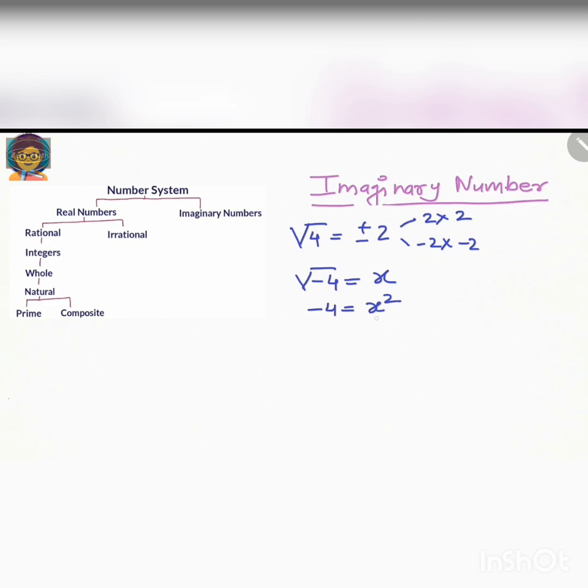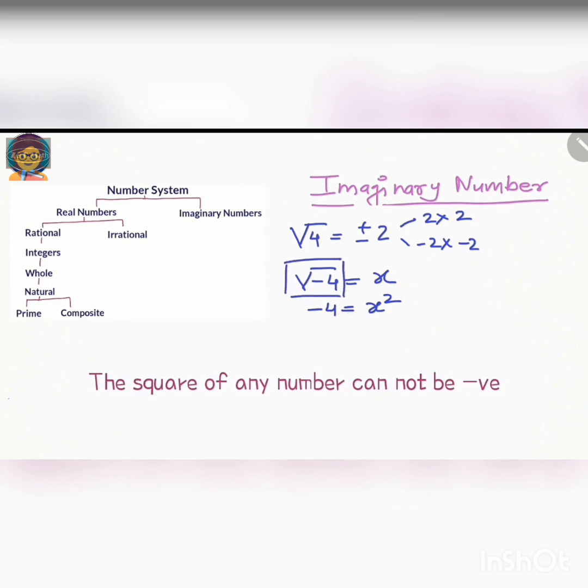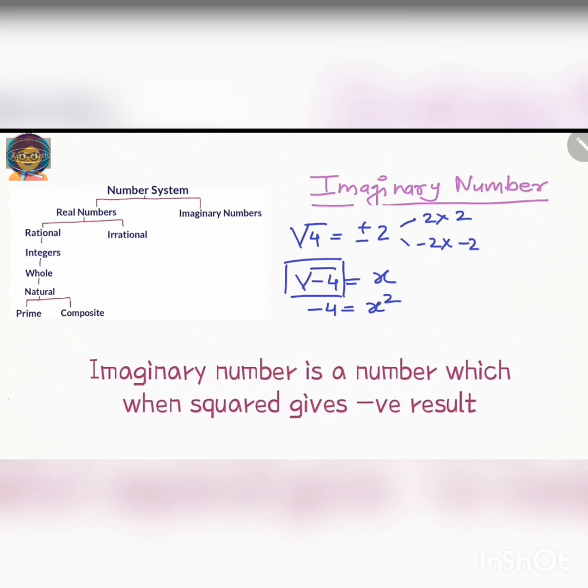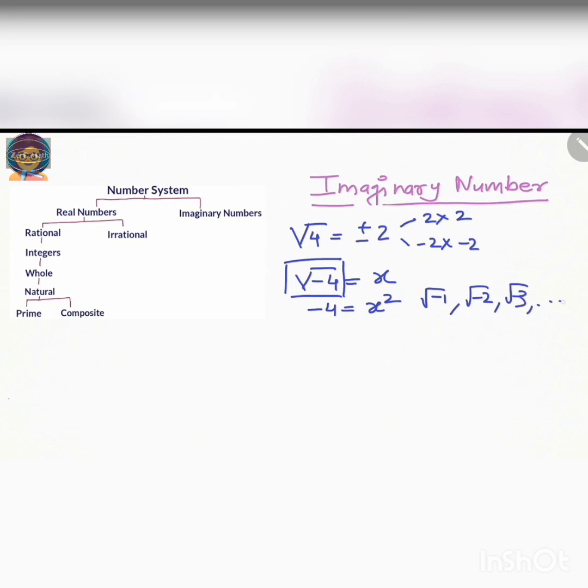Now tell me, is it possible that the square of any number is negative? No, it's not possible. So that's the reason square root of minus 4 is called an imaginary number. So an imaginary number is a number which when squared gives you a negative result. For example, square root of minus 1, square root of minus 2, square root of minus 3, and so on.